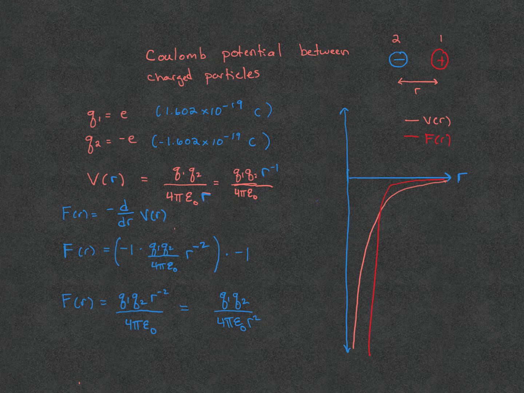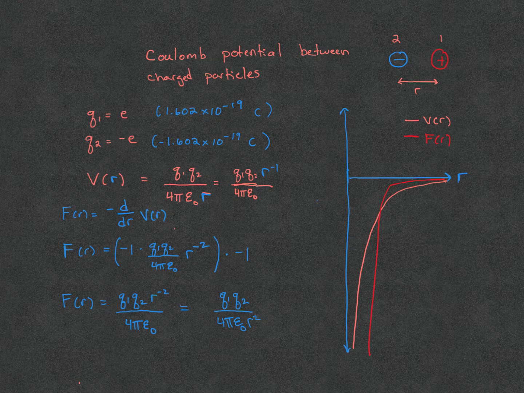I just want to say a couple of words about the direction that this force is pointing. This force is always negative, just like the potential is always negative. So it's an attractive potential always, because it's always negative.